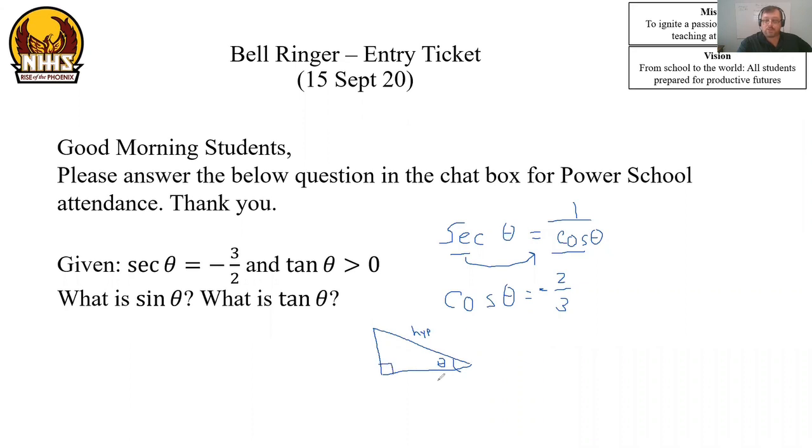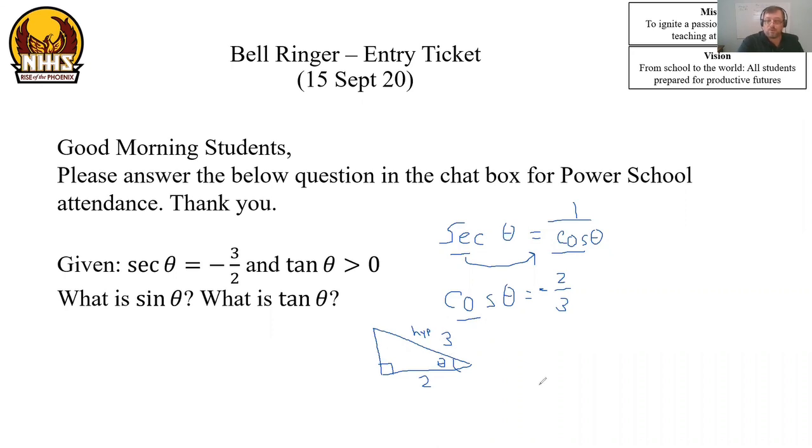Cosine is adjacent. So adjacent is 2, hypotenuse is 3. Cosine is adjacent over hypotenuse, because remember sine is opposite over hypotenuse.